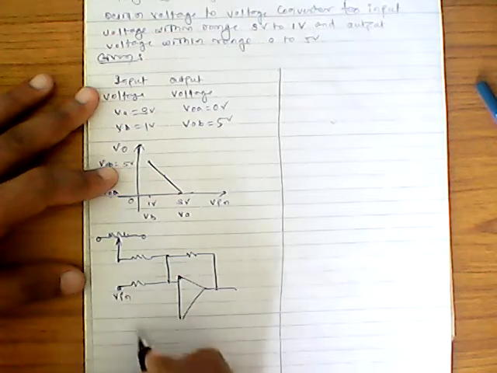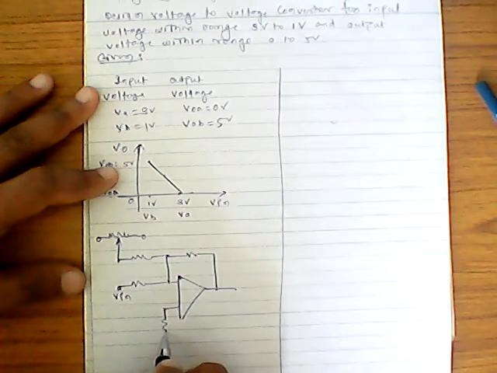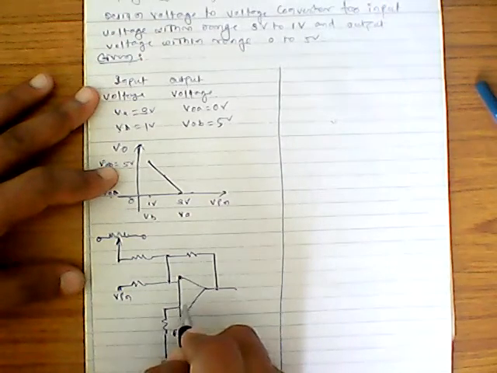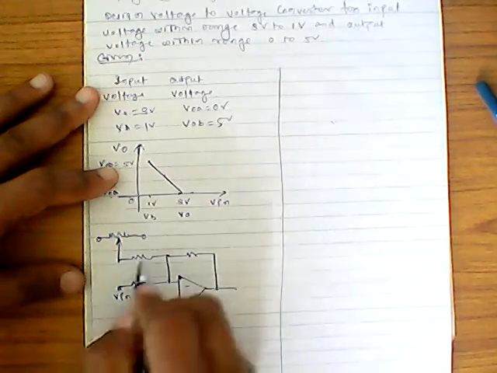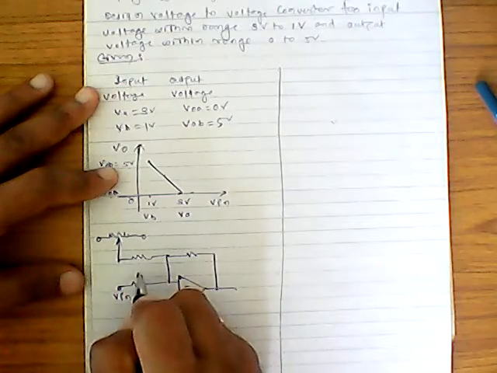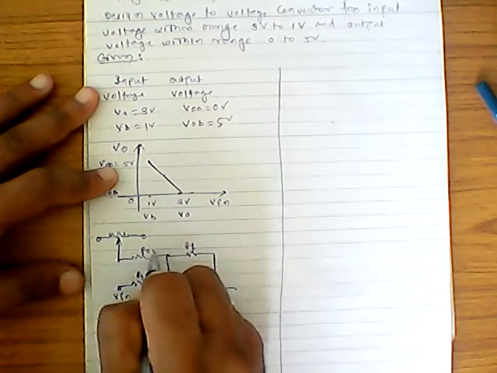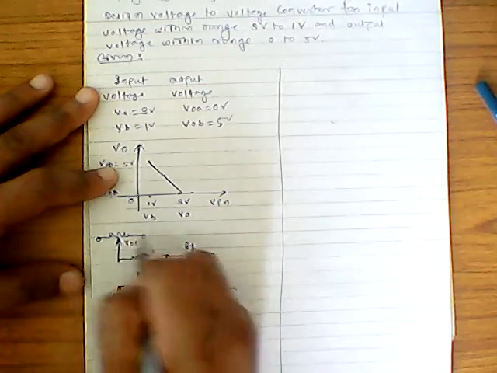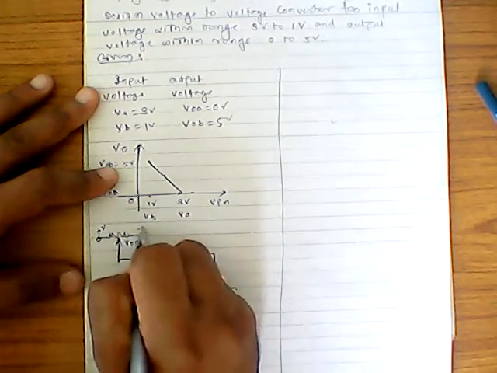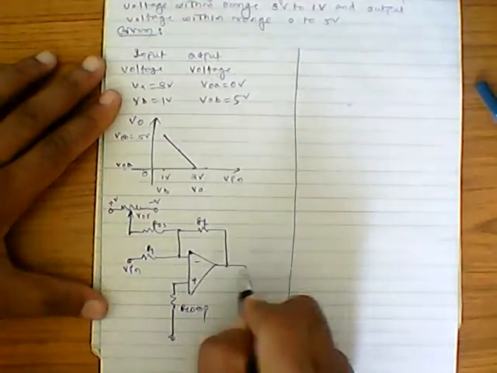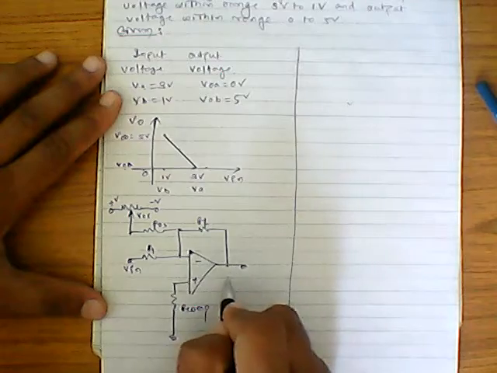Here we are applying V, this is R com, this side positive, this side negative. Let us say this is our R1, this is RF, this is ROS. Here we are applying VOS, this is plus V, this side minus V. So like this circuit we have to go for, and here we are getting VO.